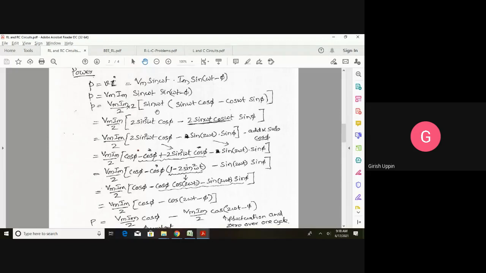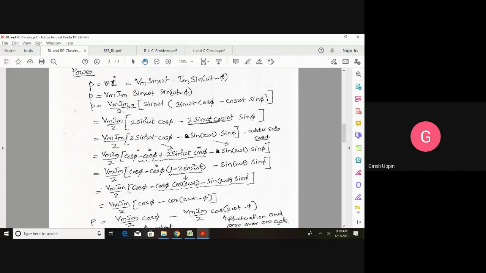So Vm Im by 2 is equal to 2 sin square omega t into cos phi, and minus 2 sin omega t cos omega t into sin phi. And 2 sin omega t into cos omega t is represented as sin 2 omega t. Rest is the same: Vm Im by 2, 2 sin square omega t cos phi, same as this line, and this is represented with sin 2 omega t into sin phi.